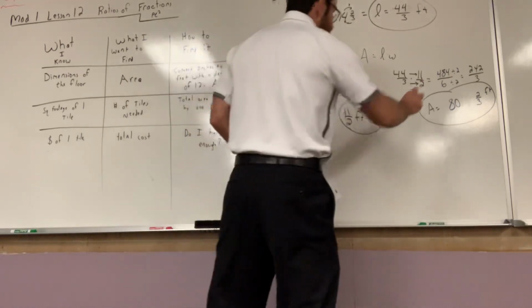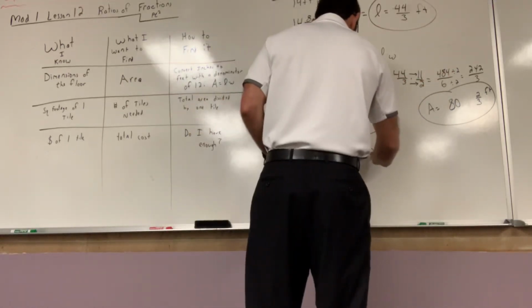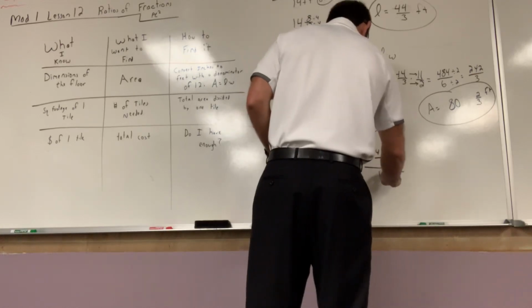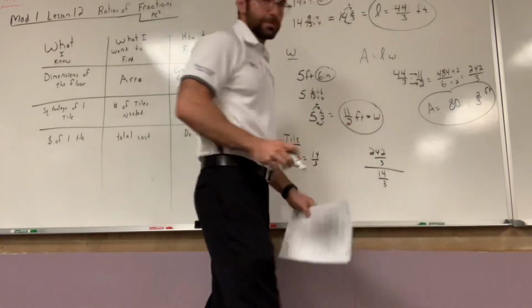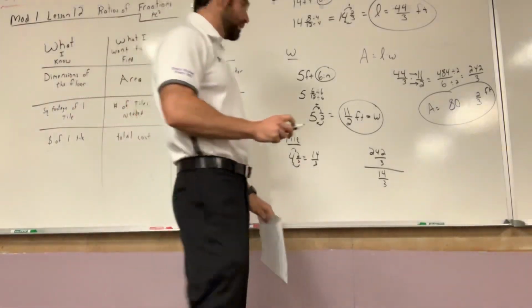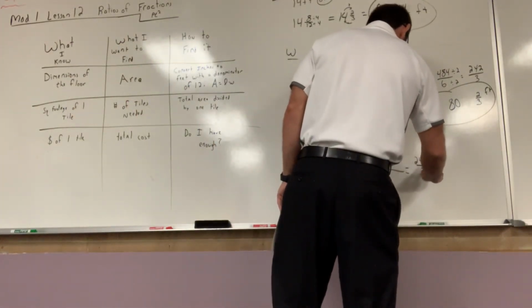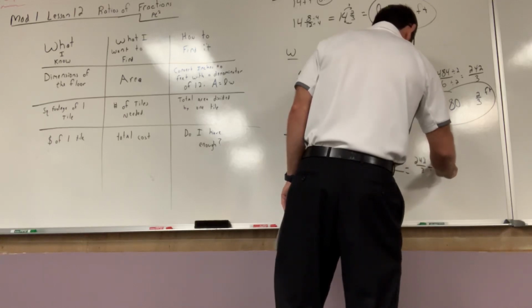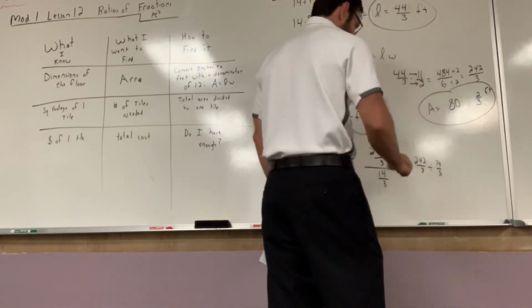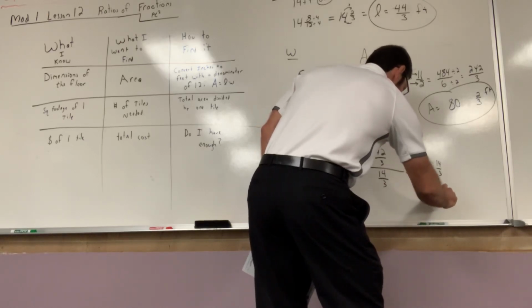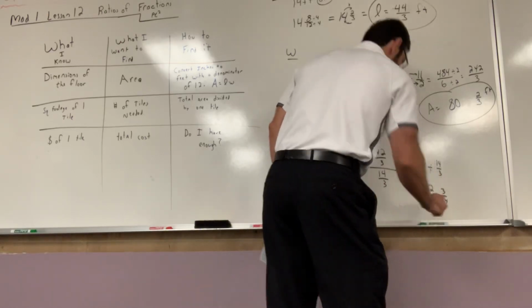So now I've got this 242 thirds getting divided by 14 thirds. Remember, we want to rewrite. So now I'm going to have 242 thirds divided by 14 thirds. So 242 thirds multiplied by 3/14.